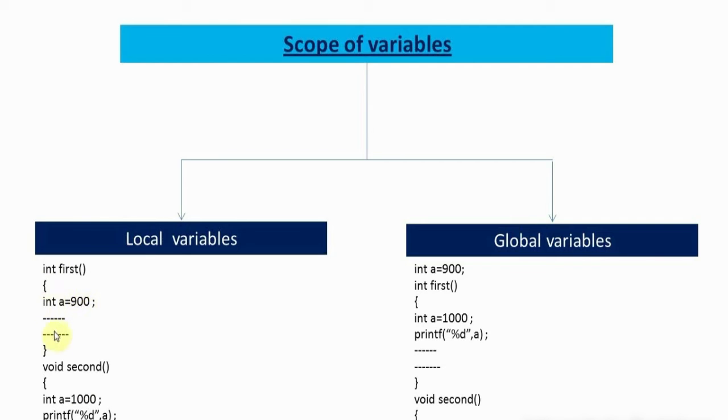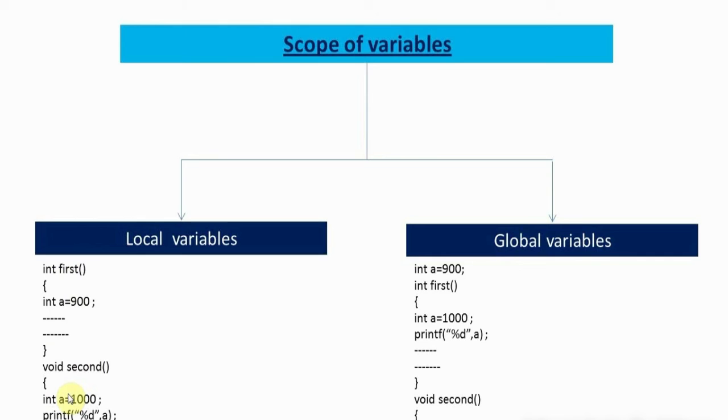Now as you can see, this happens to be the local variable of the function first, and in the function second I have again declared a variable with the same name a, which has been assigned some value, say 1000. Now you should learn it carefully that the variable a which has been declared in the function first and variable a which has been declared within the function second, these are not the same variables.